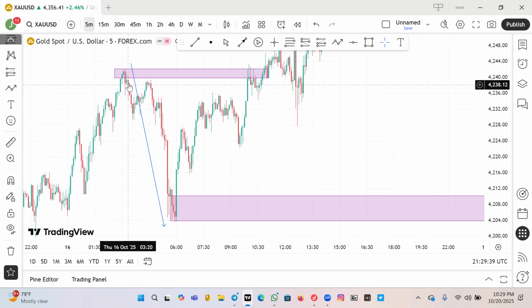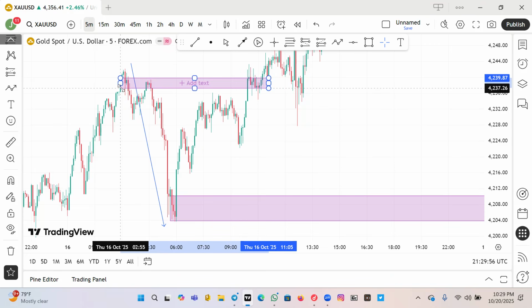So in this kind of scenario, what are you going to do? You are going to look for an unmitigated order block. So you may have to switch. Instead of taking this one, because this first one is already mitigated, you may have to find the one that is not mitigated, and this is the only one that is not mitigated around there.